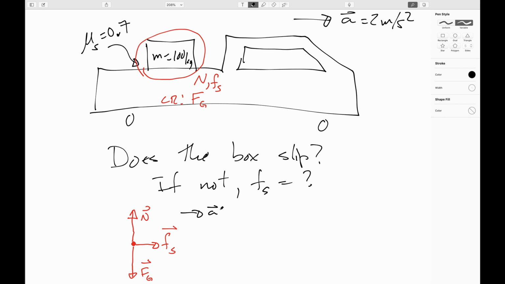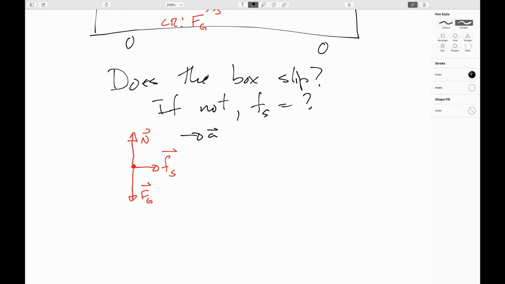And if after you solve for static friction you get a negative magnitude, that means that you guessed incorrectly. But most of the time you can figure it out. So it's not the end of the world if you have to do that. All right, well, let's go ahead and take a look at Newton's laws of motion on this.